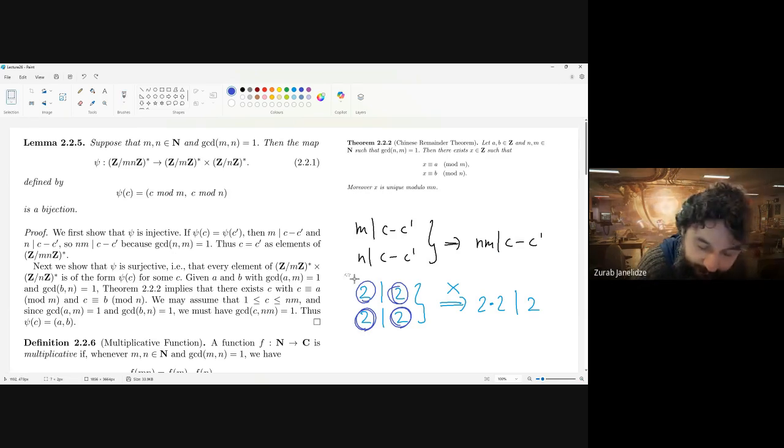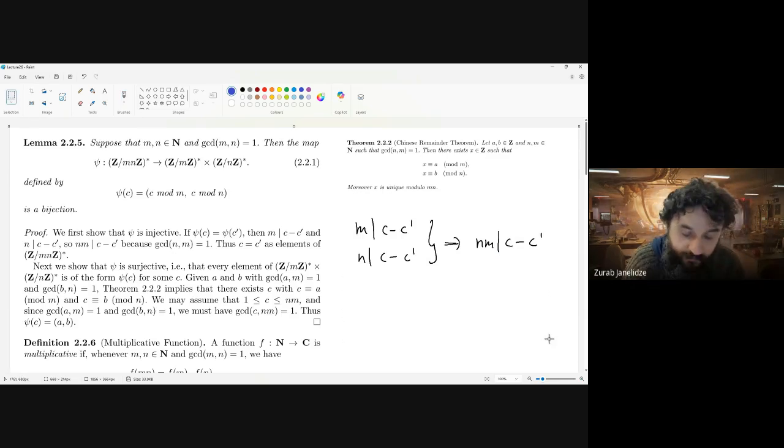Hope that makes sense. Okay, we have actually encountered this fact already before. In fact, in the previous lecture, I remember that we used this fact already, I think when we were proving theorem 2.2.2. But I thought I would explain this here once again, in case some of you didn't catch the reason why this should hold. Great.